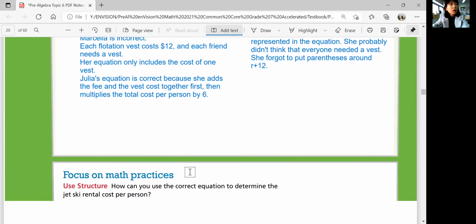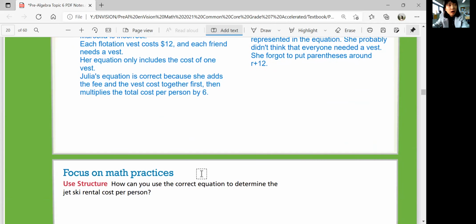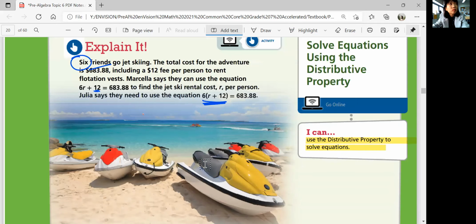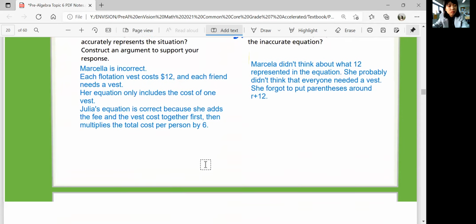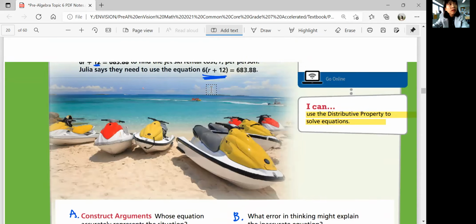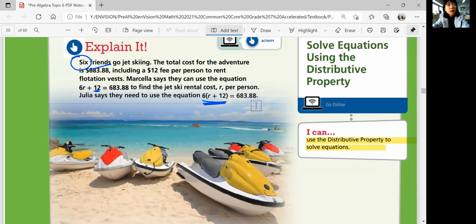Okay, so focus on math practices. How can you use the correct equation to determine the jet ski rental cost per person? So how would you solve this equation? 6 times parentheses r plus 12 is equal to 683.88.